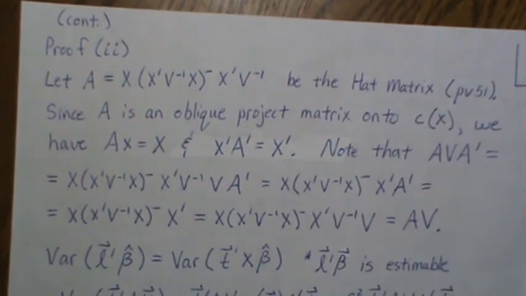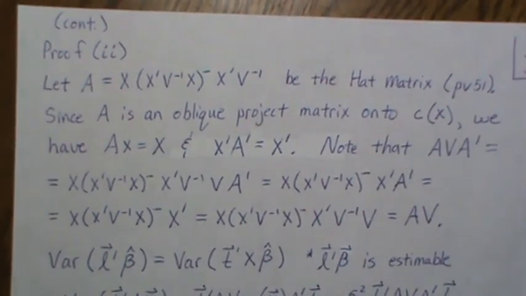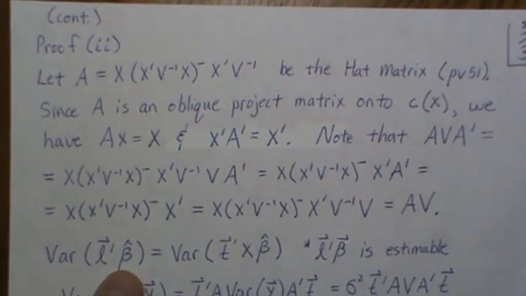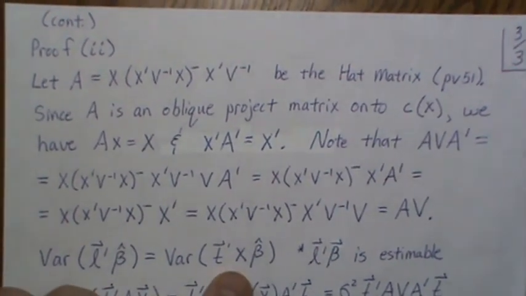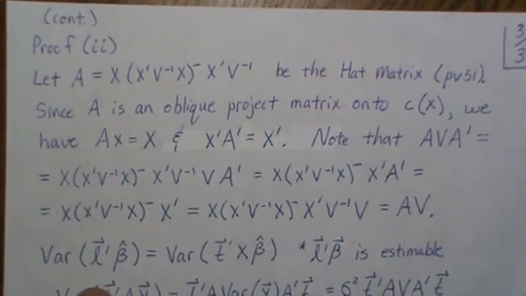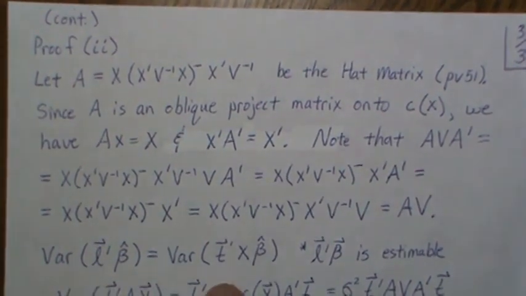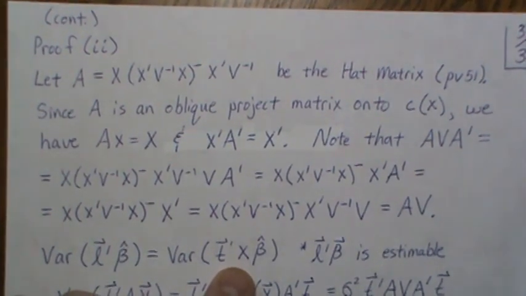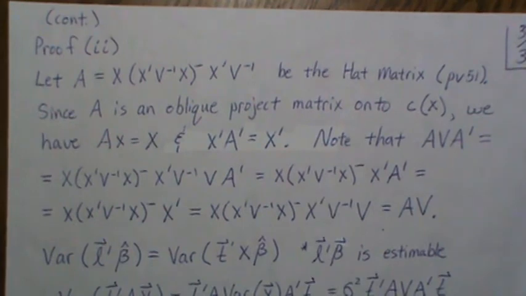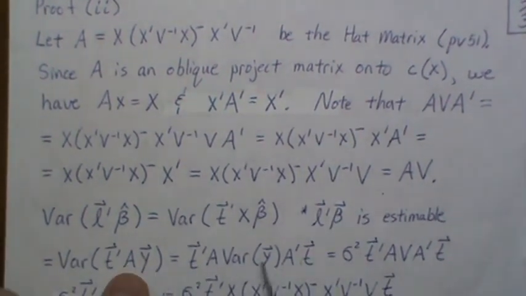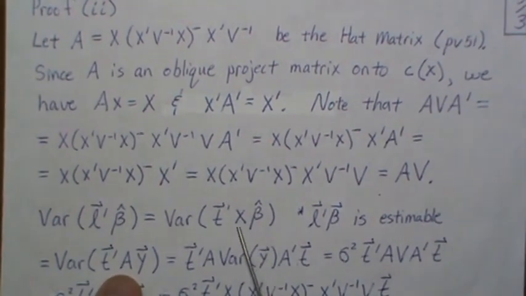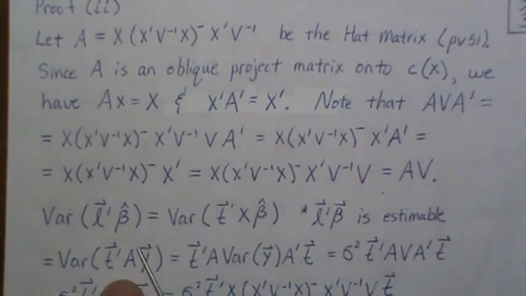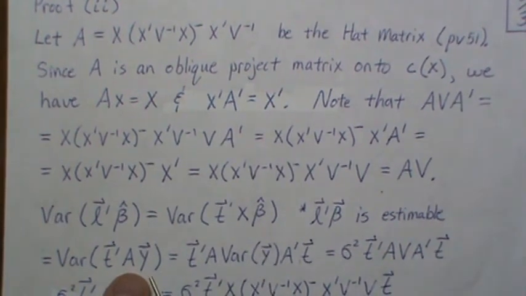Now let's go to the proof. So let's let the variance of this linear combination of our weighted least squares estimates of beta be equal to this, because this vector L can be represented as T prime X. That's because it's estimable. So then the X beta hat is actually A times Y. That's the least squares estimate, and that's what this represents.